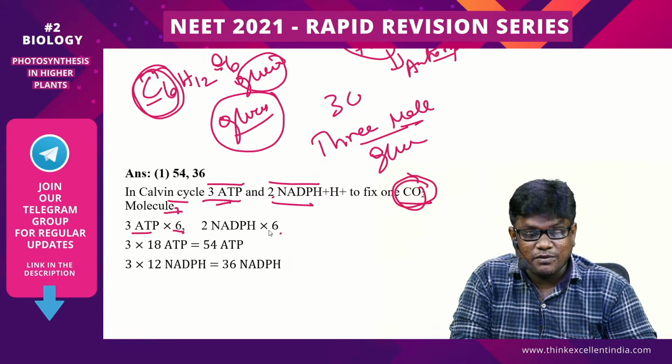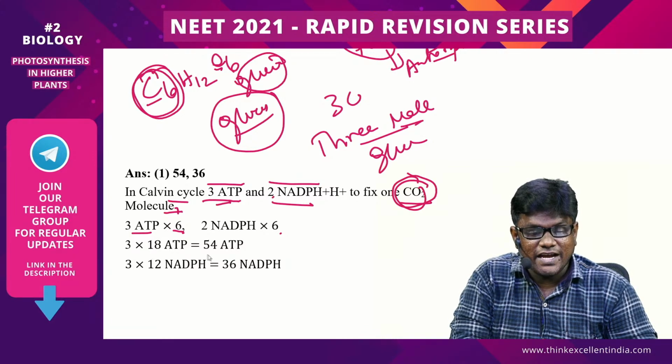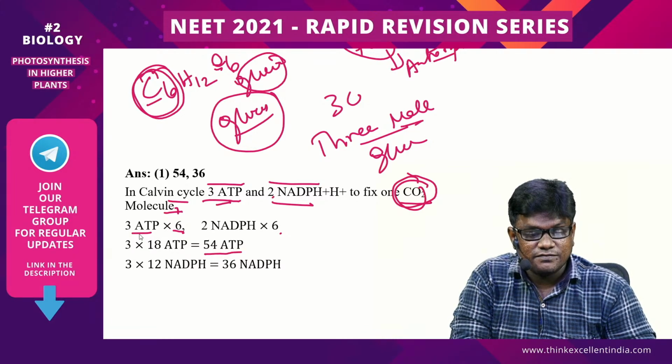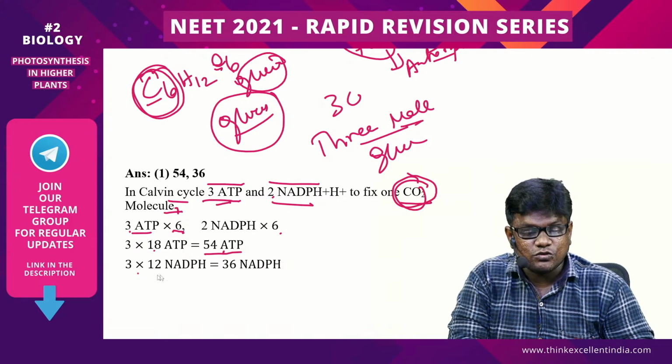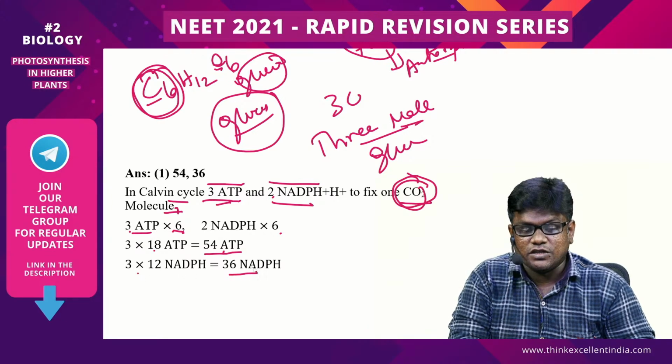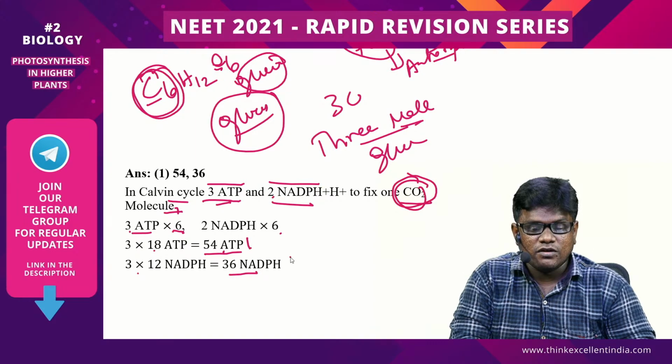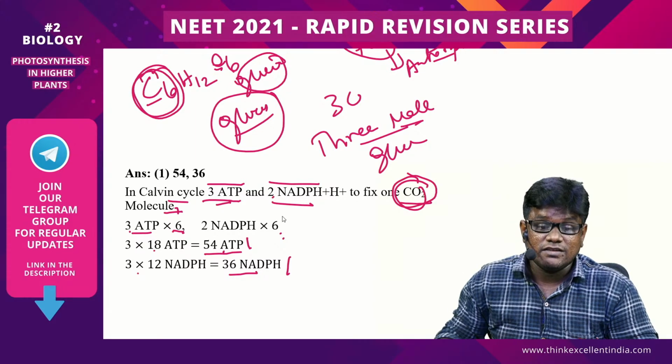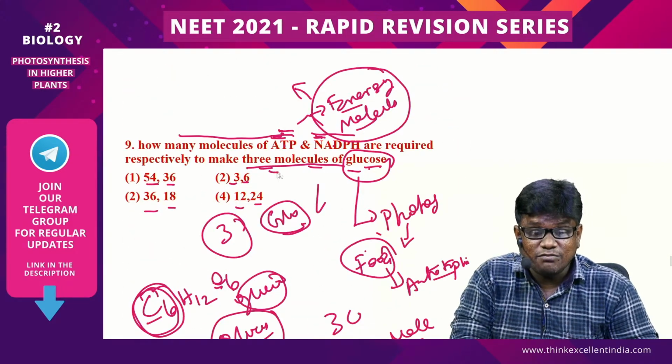So if you multiply, you will get 54 ATP out of it, because 3 ATP into 6 is 18 ATP, into 3 is equal to 54 ATP. And here you can see 2 into 6 is 12 NADPH, into 3 is equal to 36 NADPH. So 54 ATP and 36 NADPH are required to fix 3 molecules of glucose.